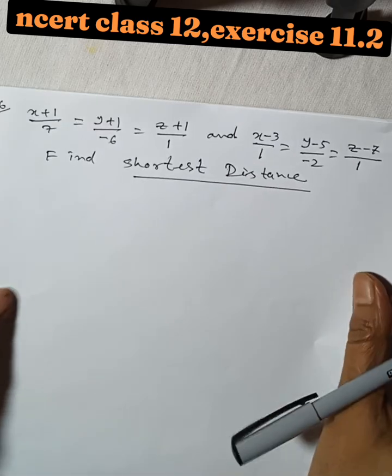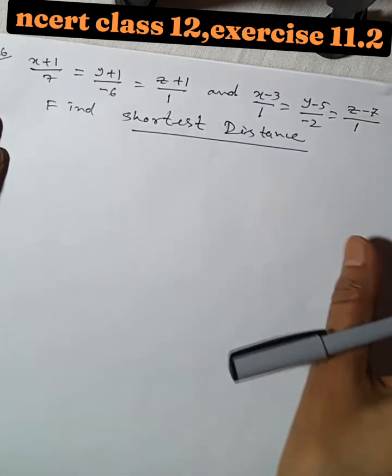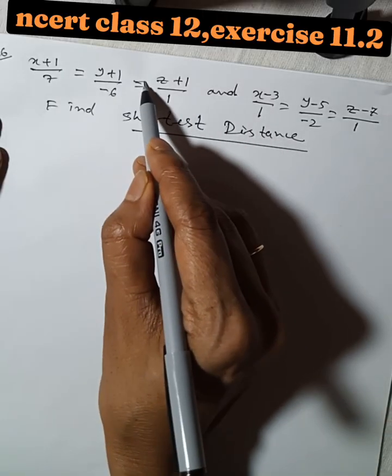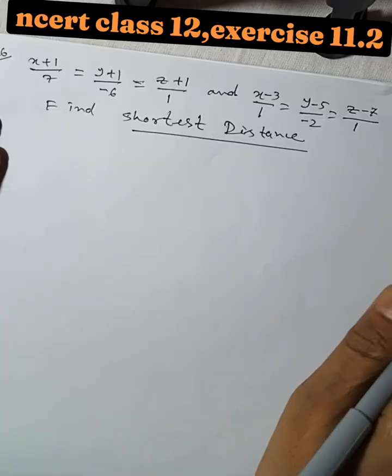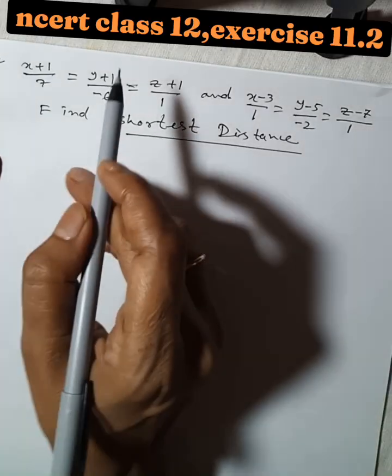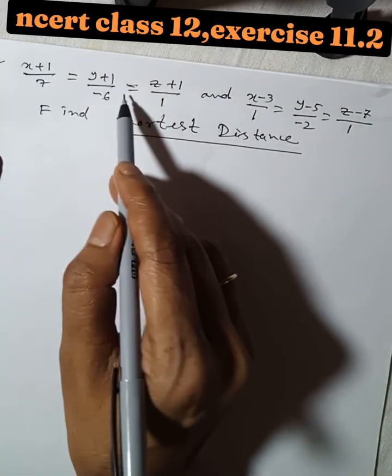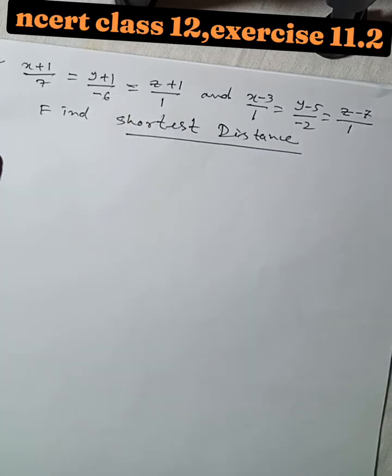Now we find the shortest distance between the given two lines. Here I just change from Cartesian to vector form.